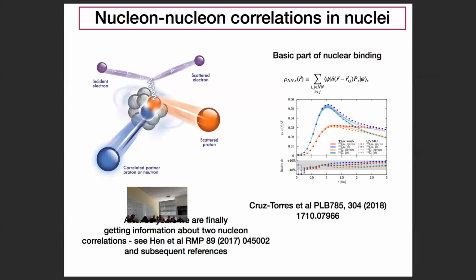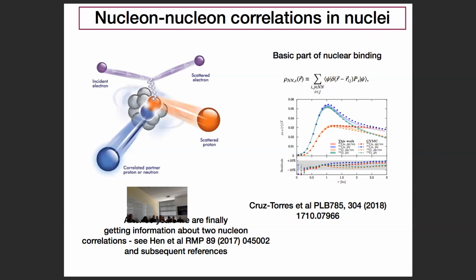There are only pairwise and three-body interactions, and so we know that there must be two nucleon correlations. That is to say, the density is not simply a product of densities. Only recently, maybe within the last 10 years, and this is an old story at JLab, people can look for these correlations in nuclei by doing electron scattering and detecting two final nucleons coming out.